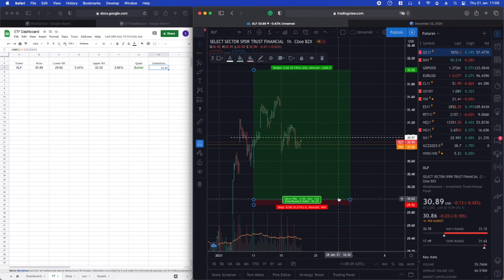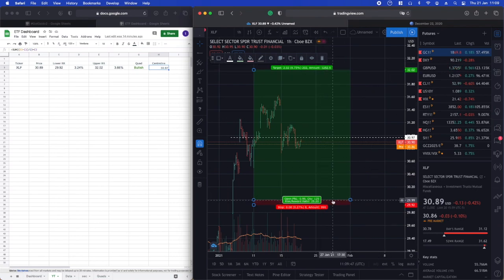So if we execute a trade here at the low end of the range and the price gets to the upper range, that's a 25 to 1 trade, because we have a very small loss and a large gain.